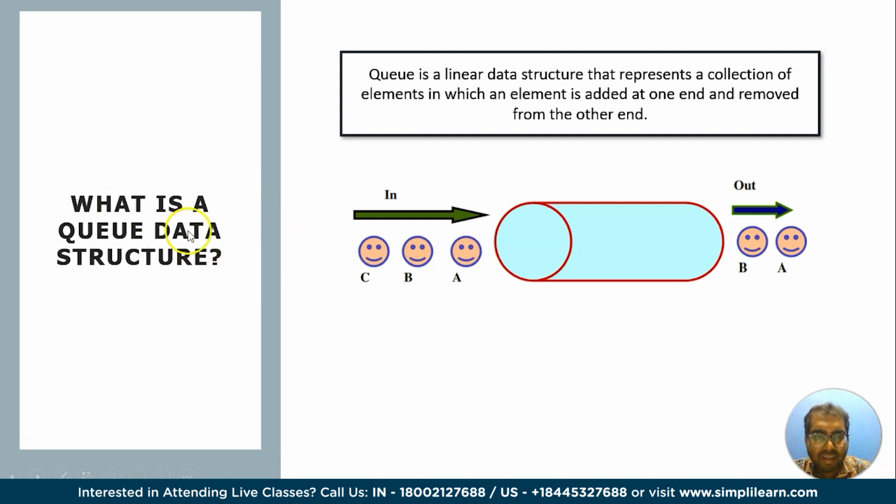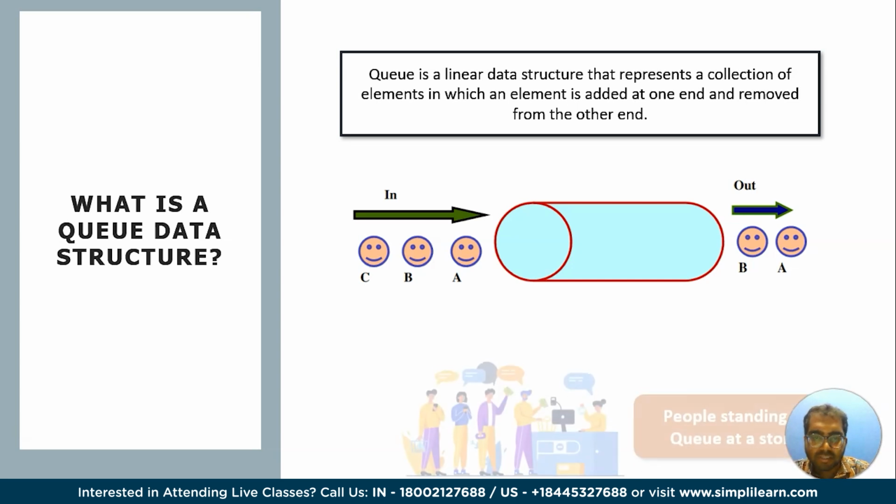If you look at this diagram here, we are inserting three elements, let's say A, B, C. The first one that goes in is A, followed by B, and followed by C. Similarly, the elements that go out of this queue first are also A and B, since they entered first. So it basically follows the FIFO principle, which is first in, first out.